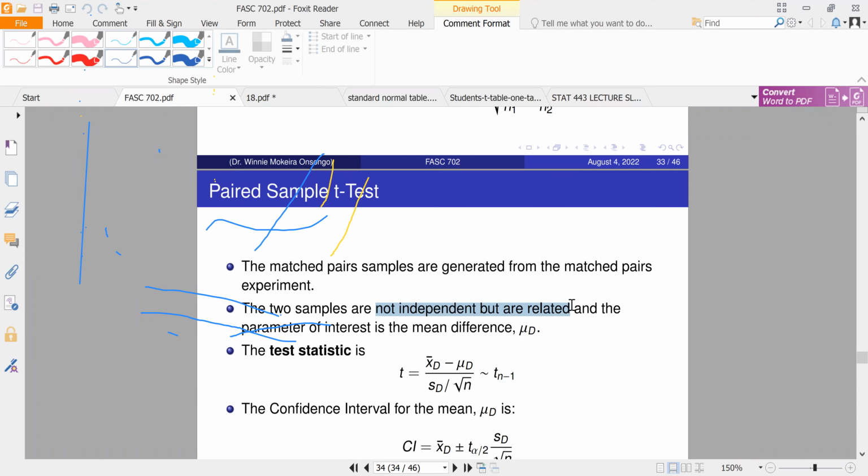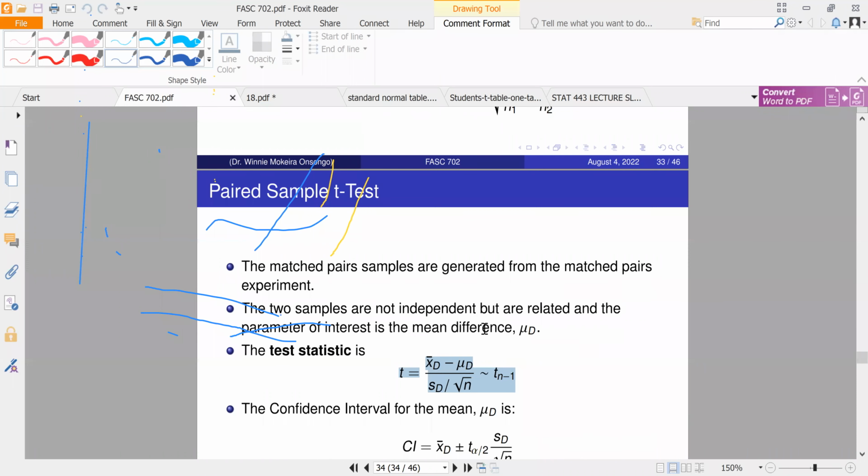Now, if that is the scenario that is presented to you, then this is how you are going to calculate your T statistic for those paired samples.